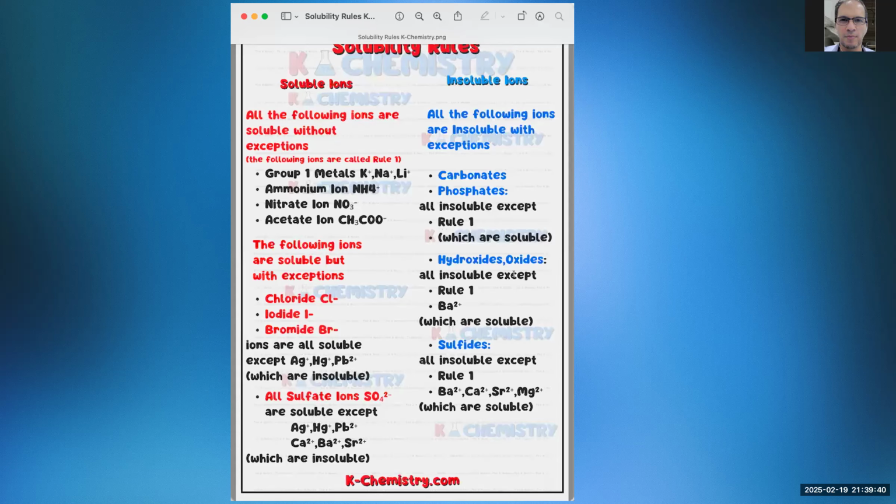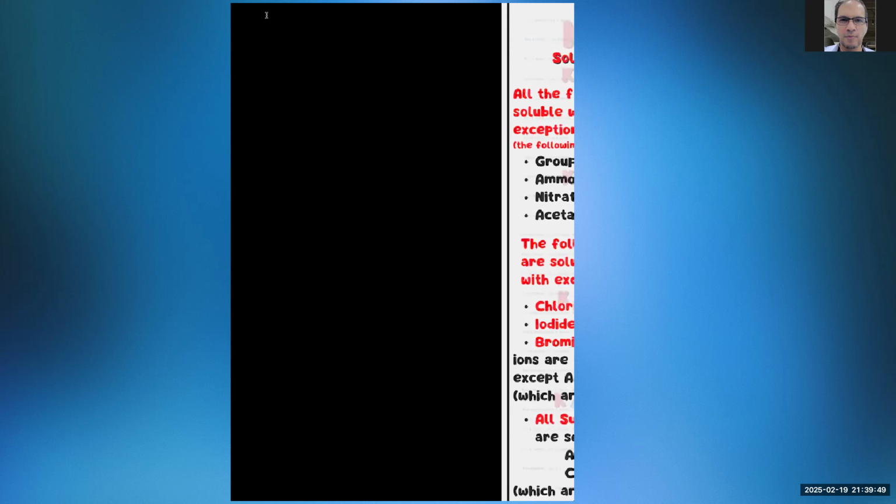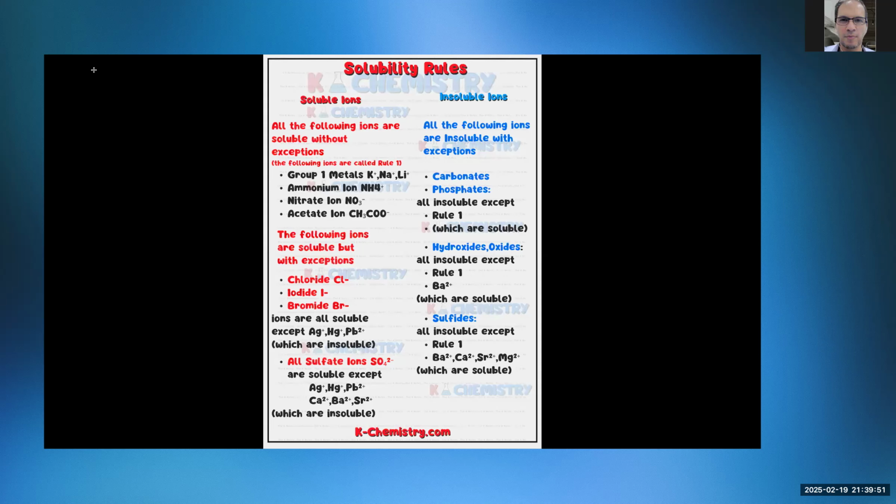I know that mainly substances divide into two different parts: the ones which are mostly soluble and the ones which are mostly insoluble. The ones which are mostly soluble, like the ones on the left side, are group 1 metals, potassium, sodium, lithium. I also have the ammonium ion, the nitrate ion, and the acetate ion. I call these rule 1, and why?